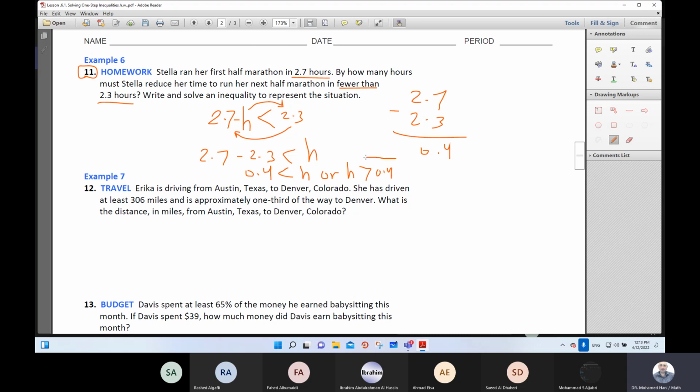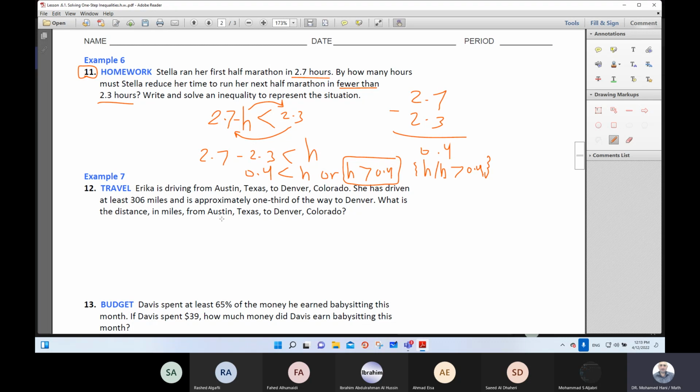The set of solution is h such that h greater than 0.4. Who has any question about this exercise? No questions?